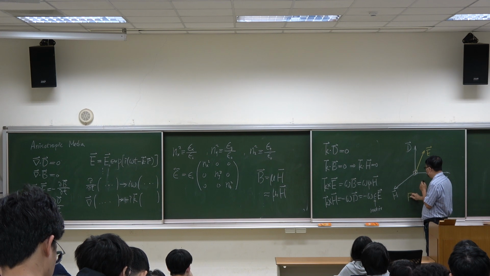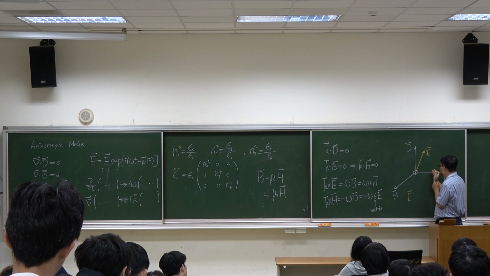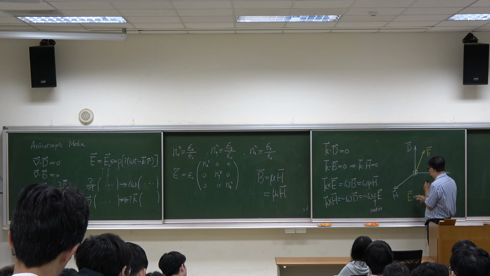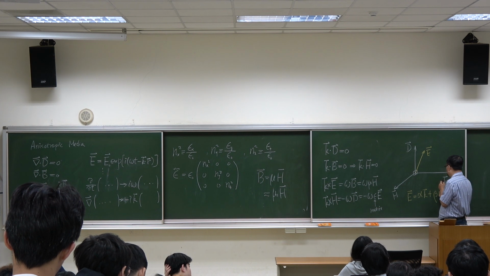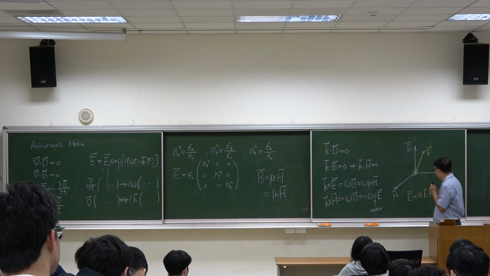E belongs to the plane of K and D, which means that we can write E as some coefficient times K plus some coefficient times D, something like this.